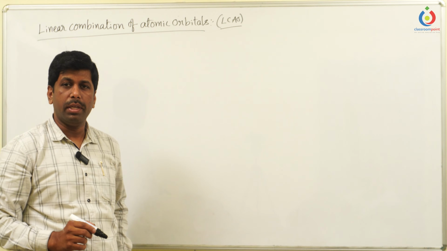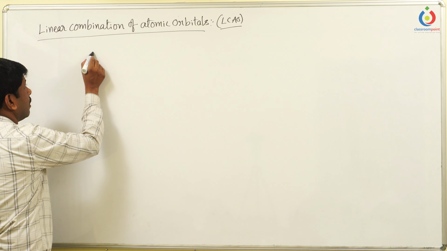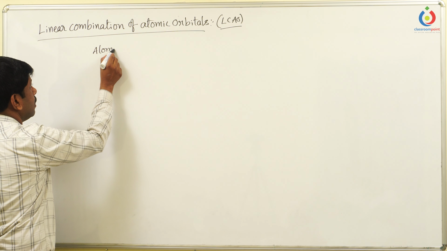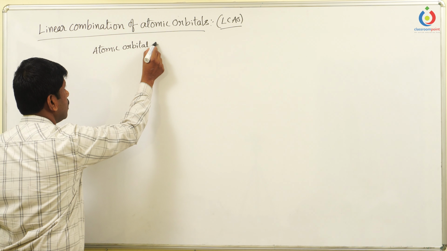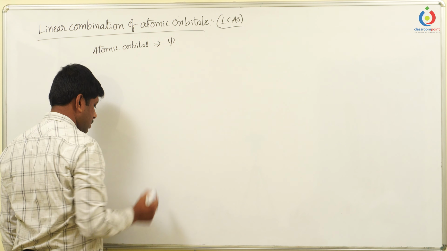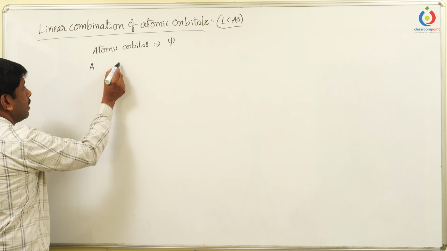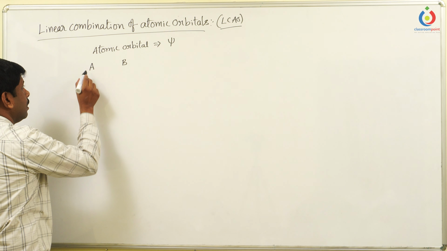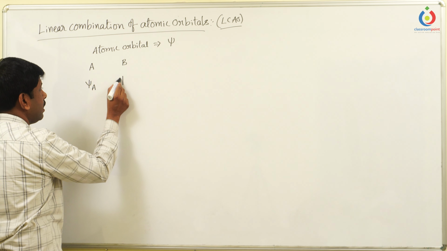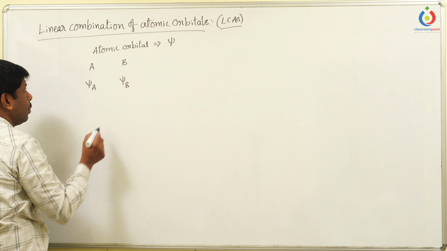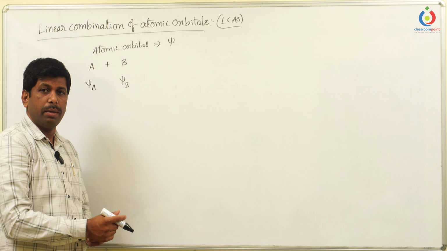So this linear combination of atomic orbitals says that, we know that an atomic orbital wave function is represented by the wave function psi. So let us take two atoms, atom A and atom B. The wave function of atom A is psi A and of atom B is psi B. So when these two atoms are intermixing, the intermixing process can be done in two ways.